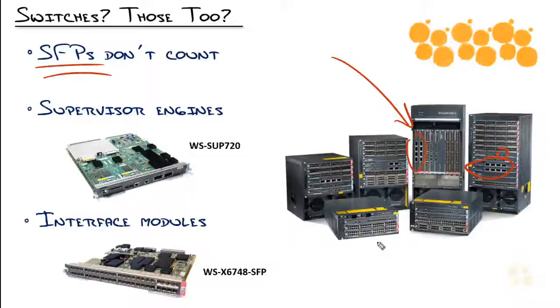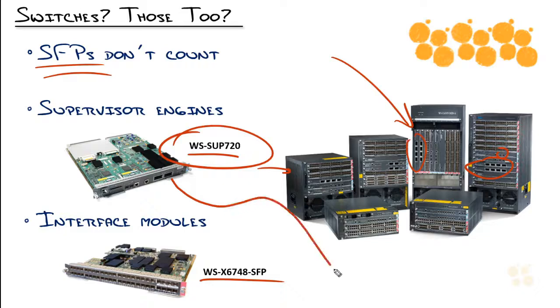Let's talk about the blades. The blades are typically one of two things, and I'm not going to limit it, it can be more, but it's usually either supervisor engines or interface modules. The supervisor engines, for example, this is the SUP 720 that goes right into one of the 6500 switches, provide the brain, the intelligence of the switch, and provide the level of performance that you're going to get out of the switch.